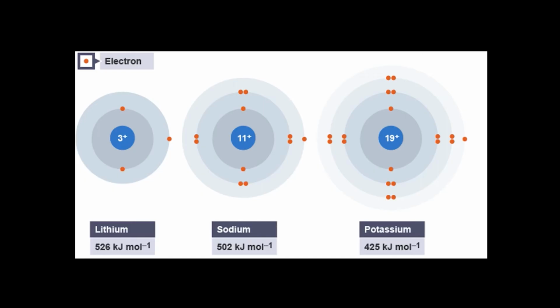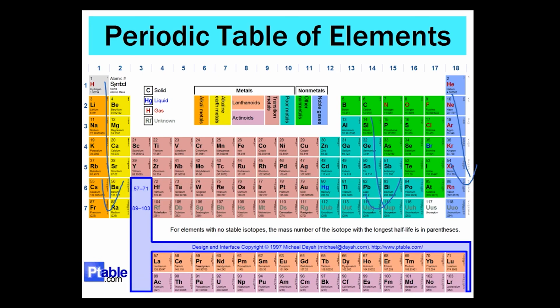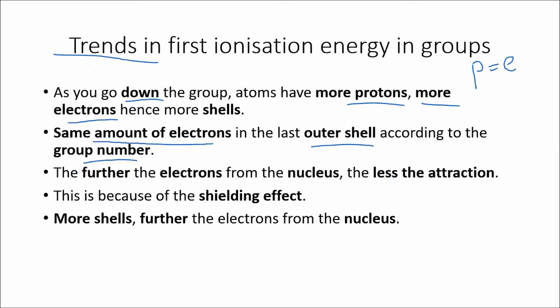This is a diagram of the elements in the first group, and you would have one electron in the outer shell every time as you go down along. If you go to the second group, you have 2 electrons, and so on. And the further the electrons are from the nucleus, the less the attraction. This is because of the shielding effect.